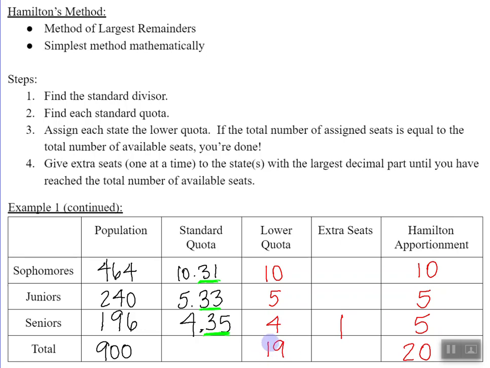Depending on how many total seats you have from the lower quotas, you might have to add more than one extra seat, and that's fine. If we needed another extra seat, the next one would go to the juniors because their decimal part is the next largest, and then you would continue in decreasing order.